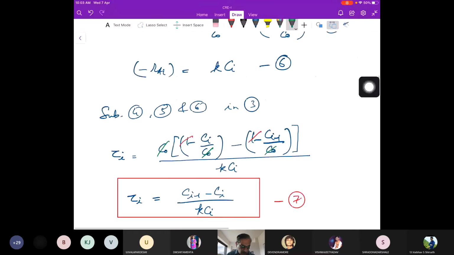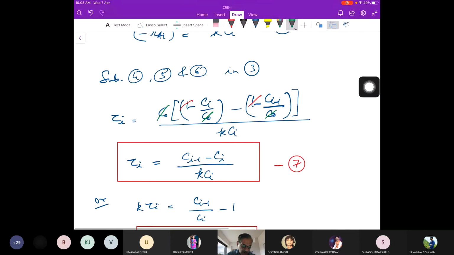So xi का वैल्यू डाला, 1 minus Ci upon C naught minus xi minus 1 is 1 minus Ci minus 1 upon C naught, upon K into Ci, that is minus Rai. Right? So 1, 1 कैंसिल हो जाएगा. ठीक है, ये C naught कैंसिल हो जाएगा.